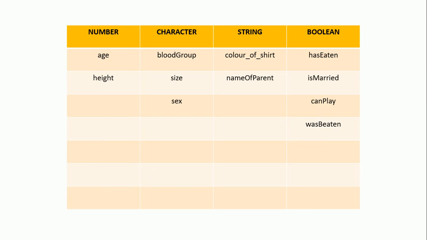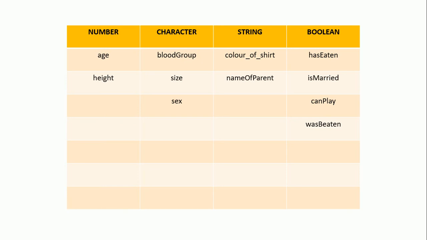The last column we have to talk about is the Boolean. When you are naming a Boolean variable, make sure that it is one-sided so that the user has the chance to either say true or false. An example is has eaten. Has eaten has already taken one side, claiming that the person we are dealing with has eaten.